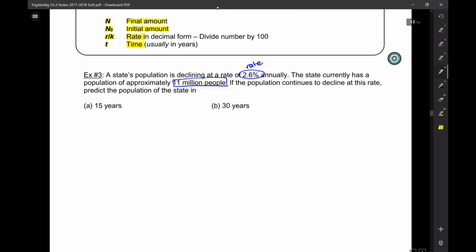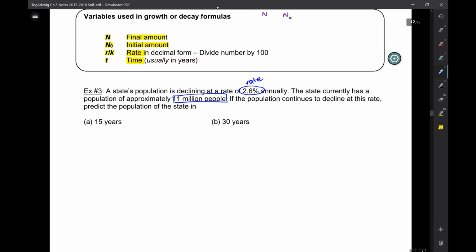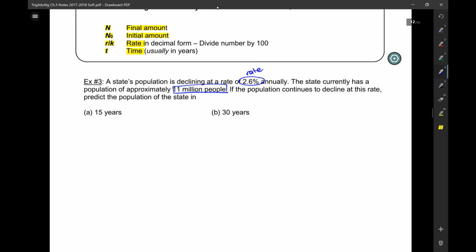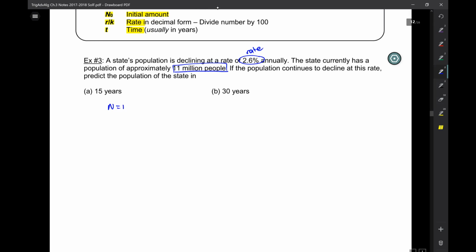So, first of all, let's figure out what formula we're going to use. The population is decreasing 2.6% annually. So let's think about this. Is it like people are leaving throughout the year? Or is it like every single August 15, 2.6% of the population packs up and leaves? It's not like that, right? So it's continuous. So it's N equals N naught e to the KT. So let's figure out what we have here.